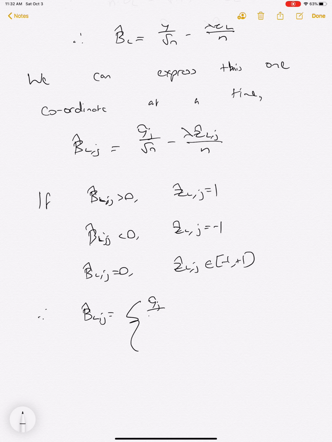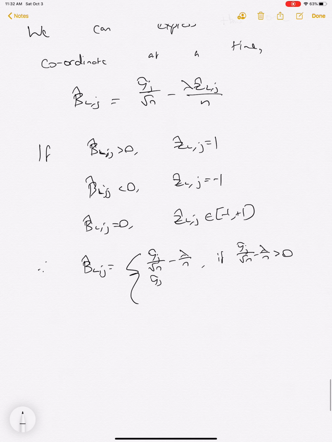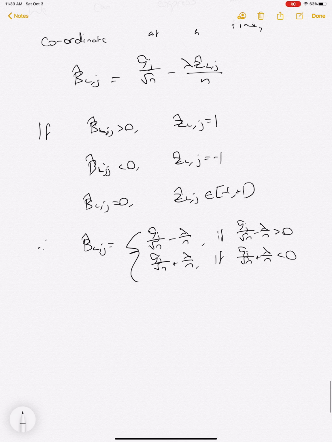So what that essentially means is, and we did work this out in the previous lecture, but I'll just do it again. It's, and then it's going to be 0 otherwise.